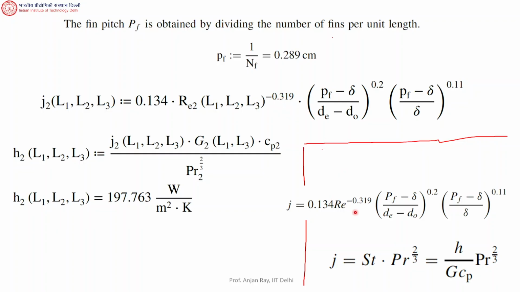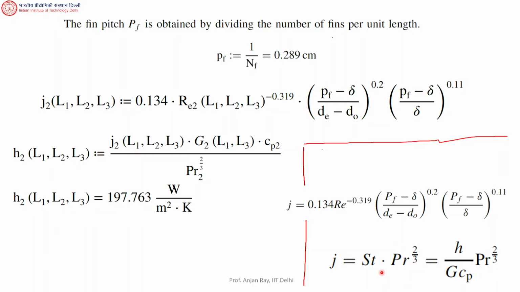So this is the calculation of J, and once you have J, using this relation, we can also get the heat transfer coefficient. So J is Stanton number multiplied by Prandtl to the power 2 by 3. This is something which you must have seen in undergraduate. And the Stanton number will turn out to be H divided by G Cp, or H divided by rho V Cp.